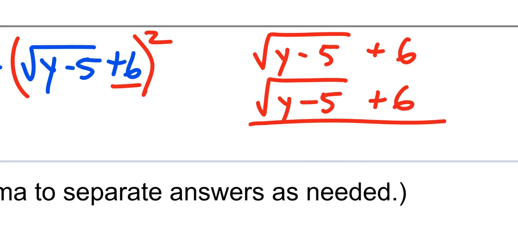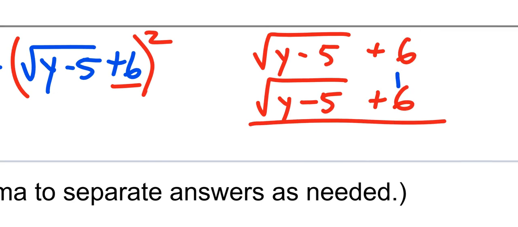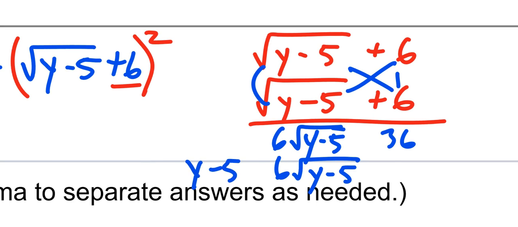All right, so I'm going to multiply these two things together. And what's 6 times 6? 36. 6 times that is 6 times y minus 5. Multiply that times that, 6 times radical y minus 5. And y minus 5 times y, that would be just plain old y minus 5.